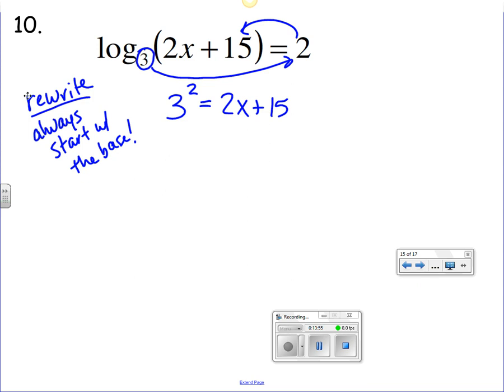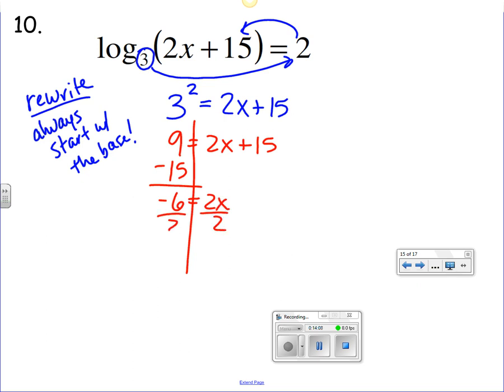All right, and now you're ready to solve that. So 3 squared is 9 equals 2x + 15. And you're going to solve that for x. So you minus 15, which gives you negative 6, and divide by 2, and x is negative 3.